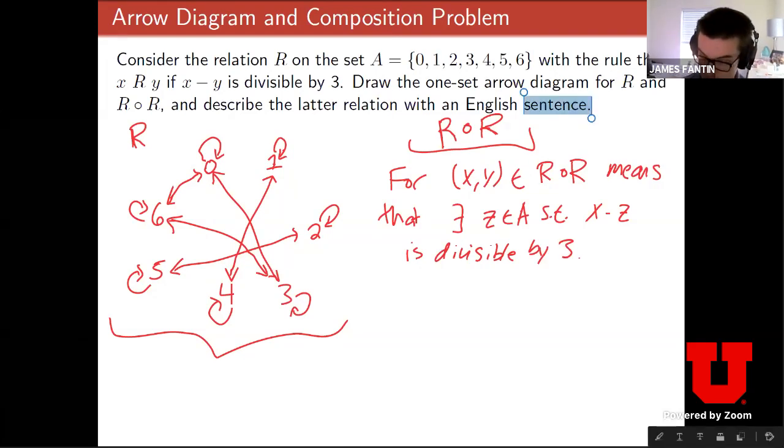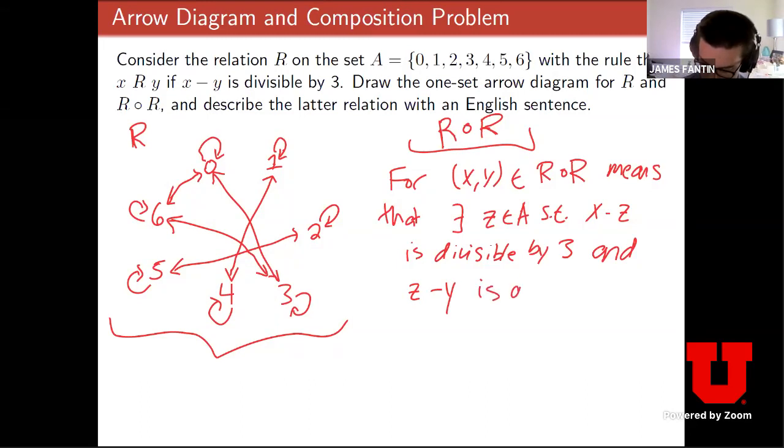And since this is a composition, it also means that Z minus Y is divisible by 3. That's what it means to be inside this relation R composed R. So there's some integer Z such that X minus Z is divisible by 3, and then Z minus Y is divisible by 3.